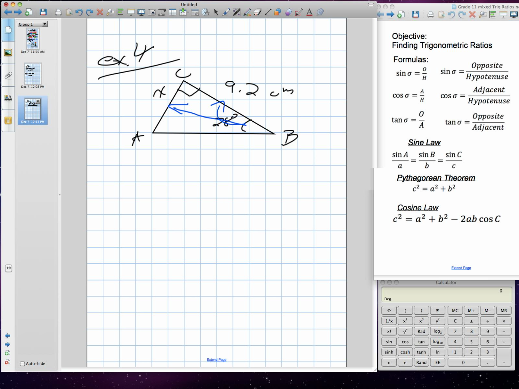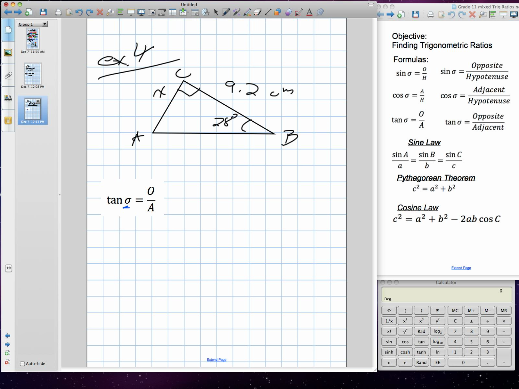So, in order to set up tangent ratio, we take our question. Our theta in this question is 28. Tangent. Now, instead of writing theta in, we write in the number 28.